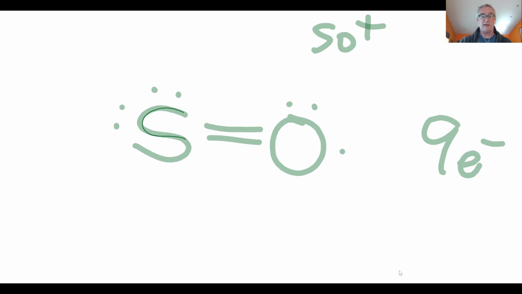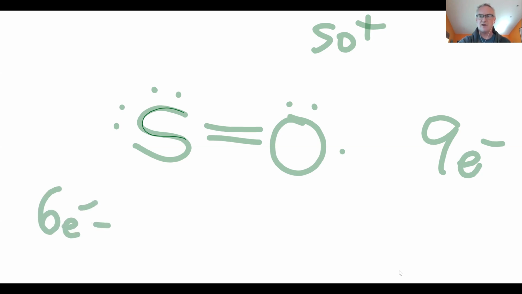So what we do in this situation, we basically take one electron from sulfur and just have it be shared. So basically we would form a resonance structure. So this would be one resonance structure. Let's figure out what the charges are. Sulfur wouldn't have a charge, right? Because it has 6 valence electrons.